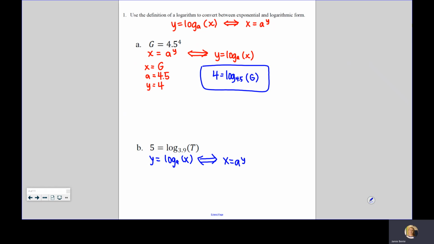Now you can identify what is y. What is y here? 5. What is the base a? 3.9, and x is t. All right, so we have t equals, base was 3.9, y we said it was 5. That's it.